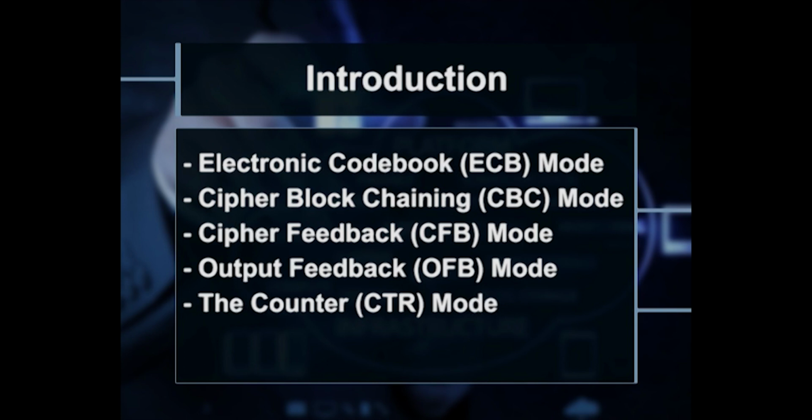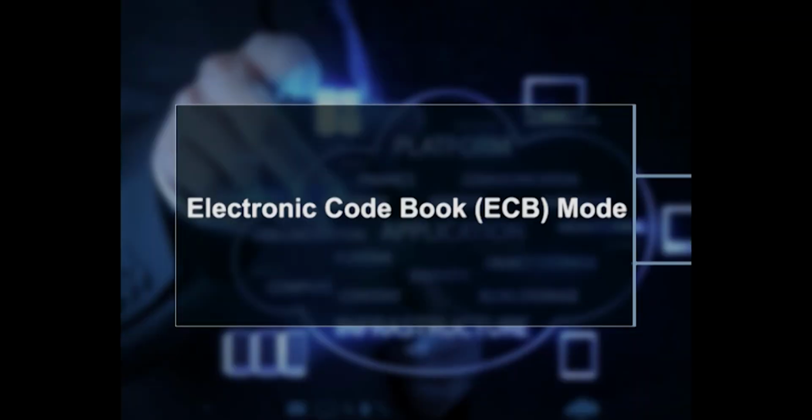These are procedure rules for a generic block cipher. The different modes result in different properties being achieved, which add to the security of the underlying block cipher.